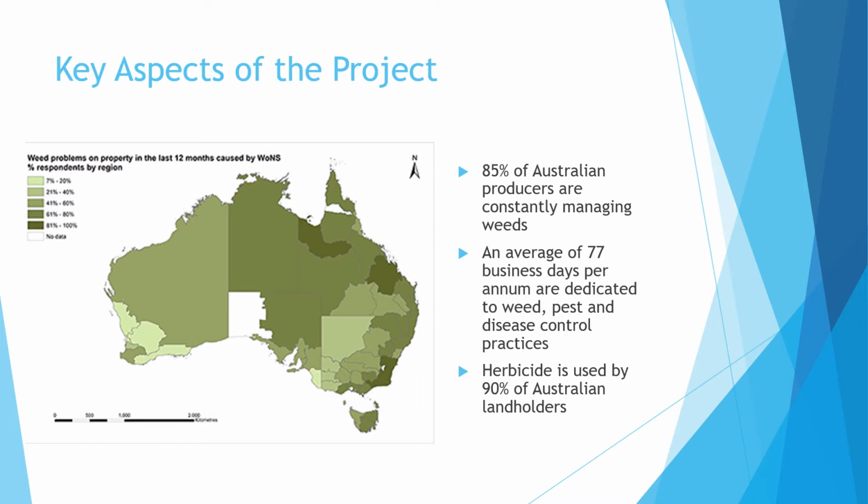Shown on the slide is a map of Australia that has been shaded to demonstrate the percentages of producers that host on property weed issues, with 85% of Australian producers admitting that they are constantly managing weeds. Of these producers, 90% admit to using herbicide as a control method.